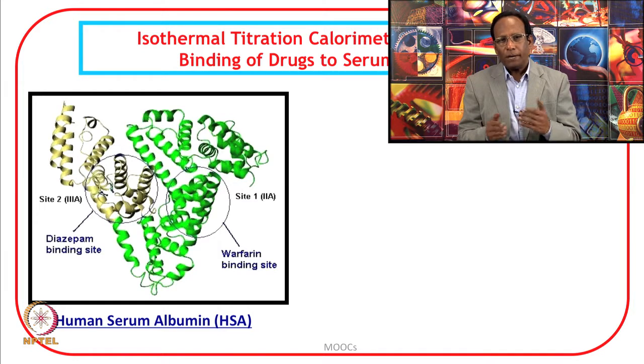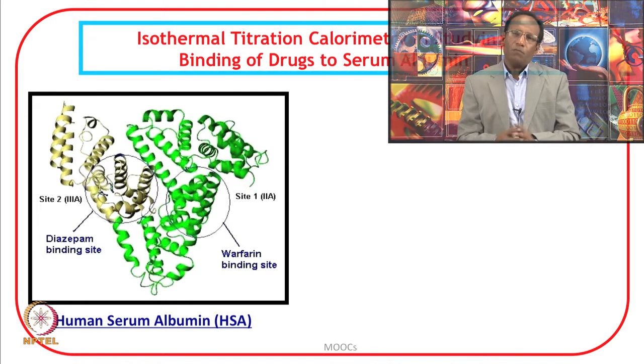And why does this variety of binding come to a molecule like human serum albumin? Let us discuss a little bit about that. There are lots of reports in literature on binding of a variety of drugs with either human serum albumin or bovine serum albumin. Human serum albumin and bovine serum albumin are expected to have similar structure because there is a 76% sequence homology.